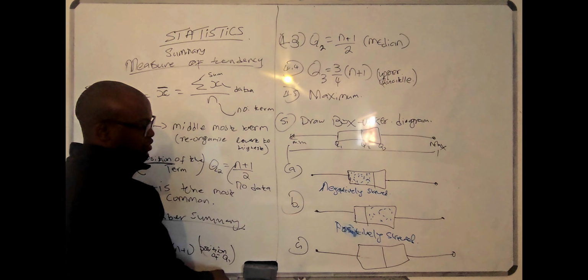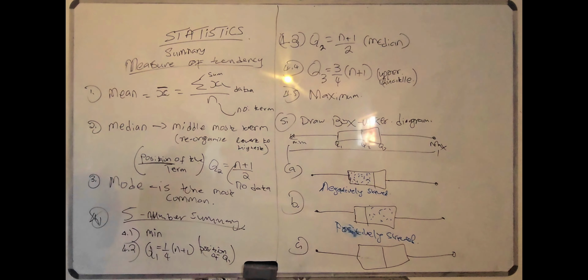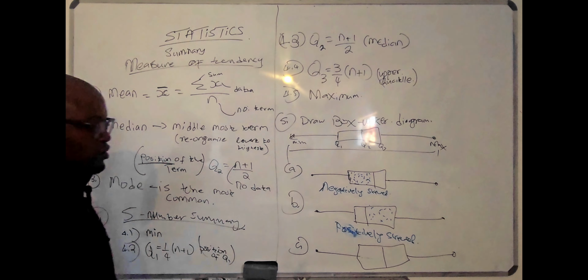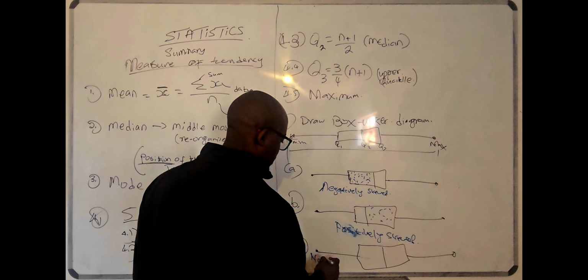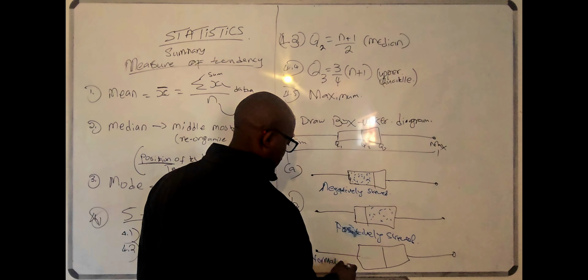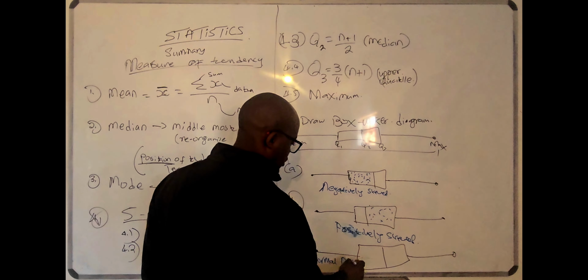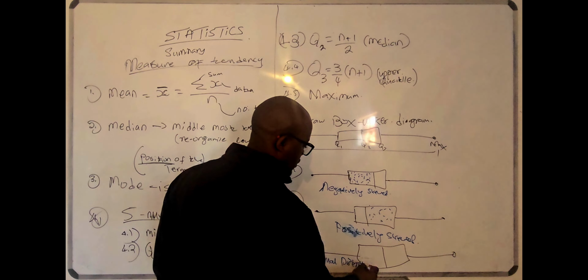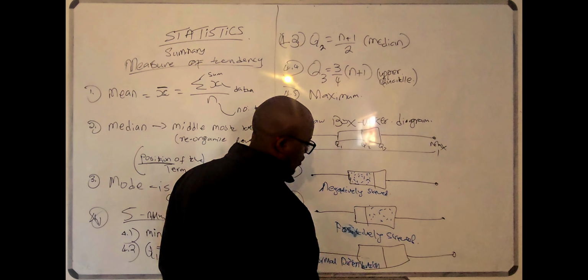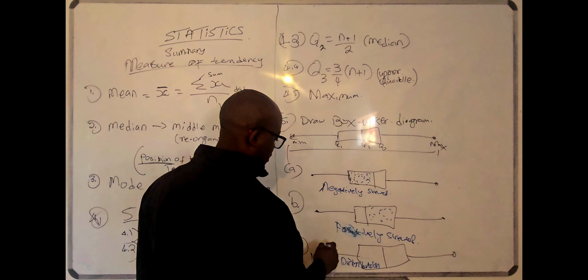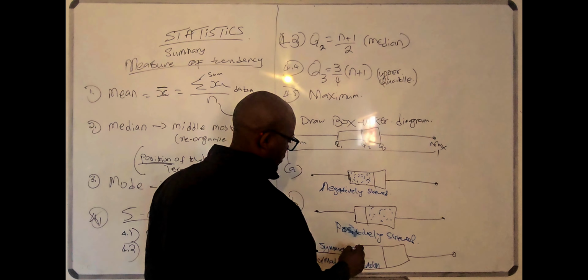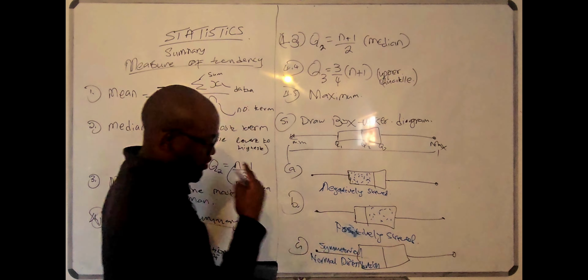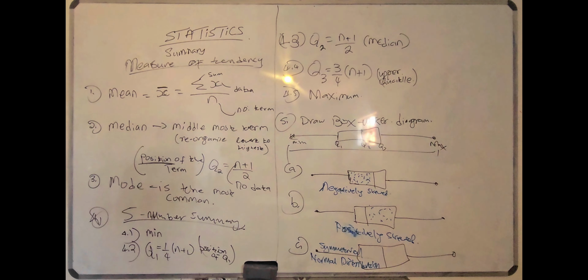Right in the middle, this one is normally distributed, or the data is symmetrical. What you have on the left is equal to what you have on the right.